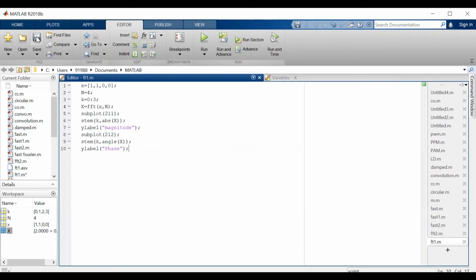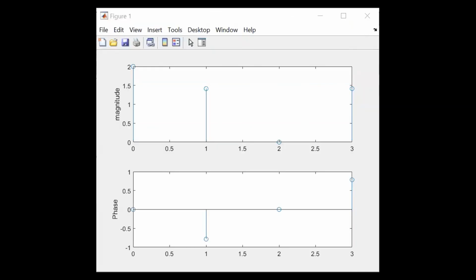Again, save. Now here you can see the magnitude and phase plot. So this is how we can draw the magnitude and phase spectrum.